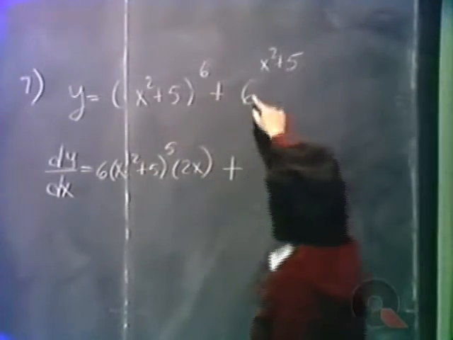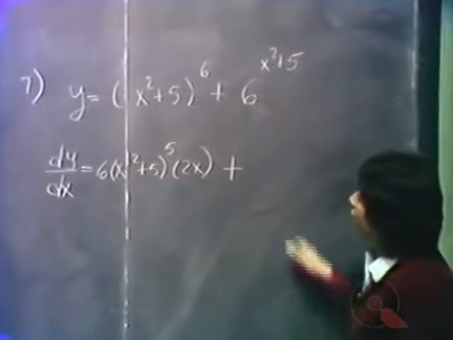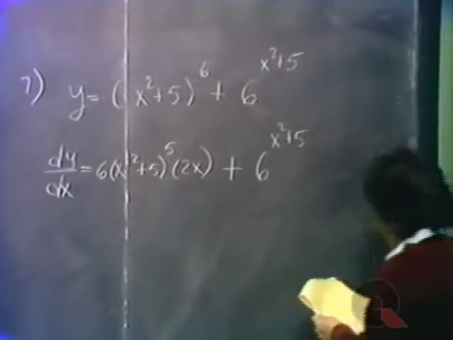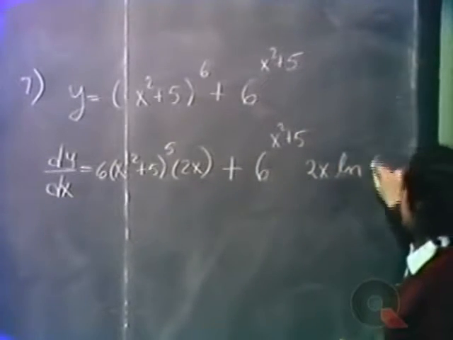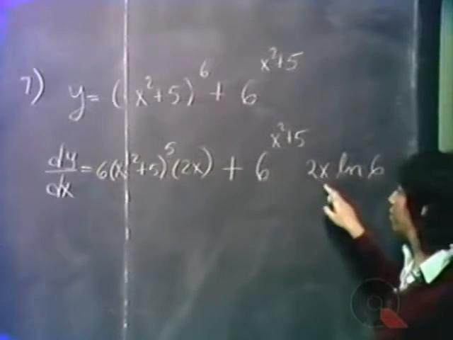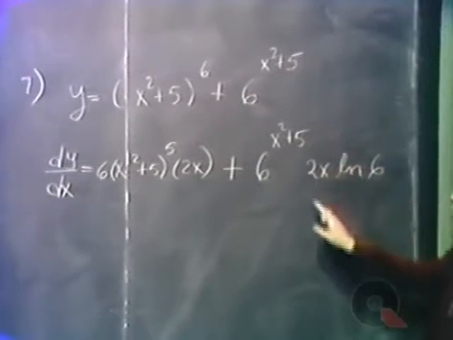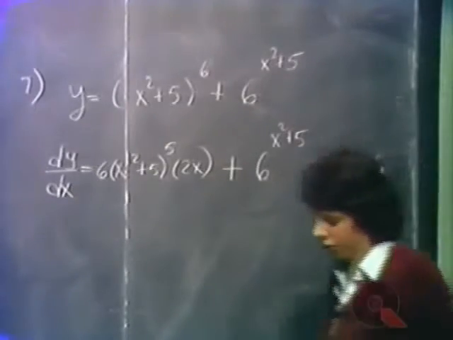Plus, now for the derivative here, the derivative of a to a power: derivative of a to the f of x is a to the f of x, f prime of x, log a. A to the power, derivative of the power, log of the base, natural log of 6.